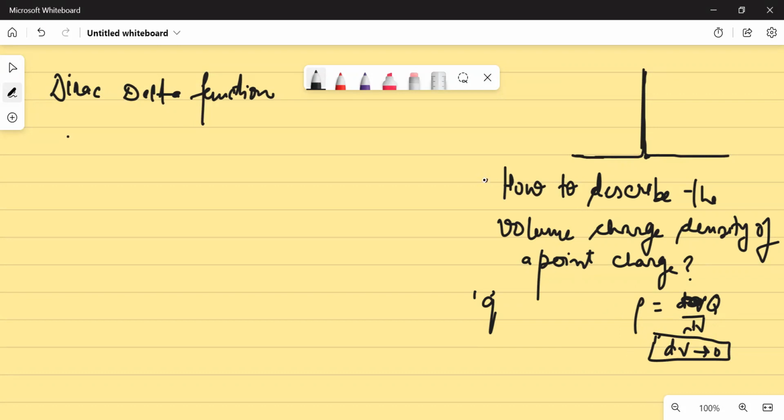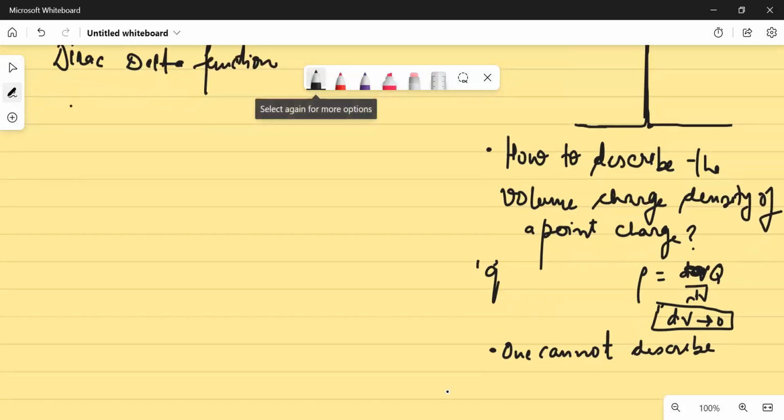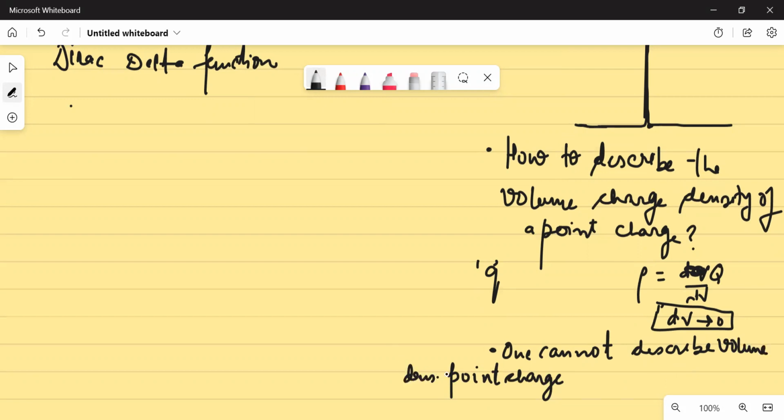So in whatever calculus you know till now, one cannot describe the volume density of a point charge.